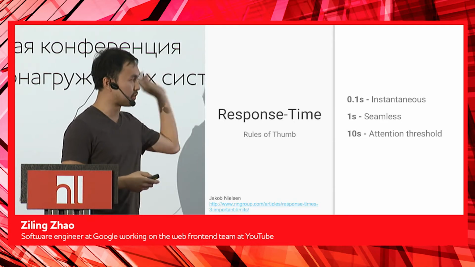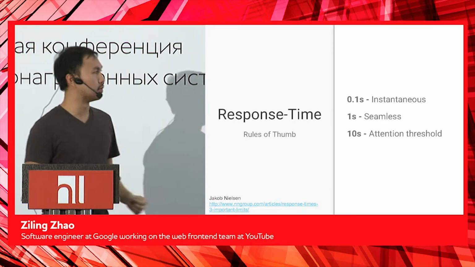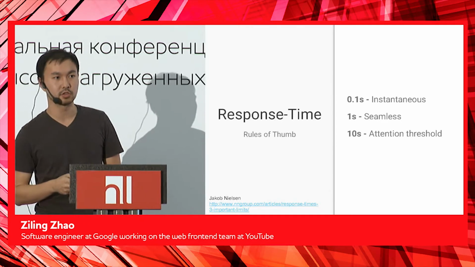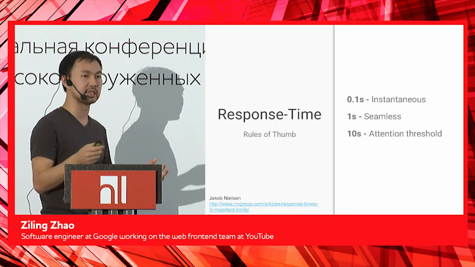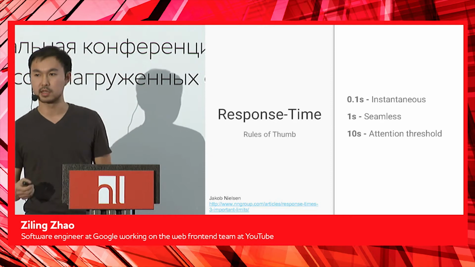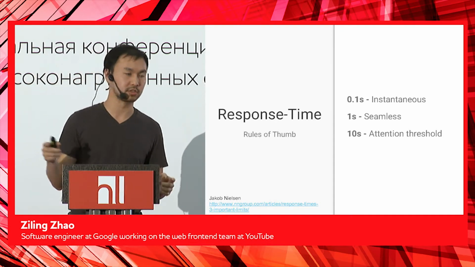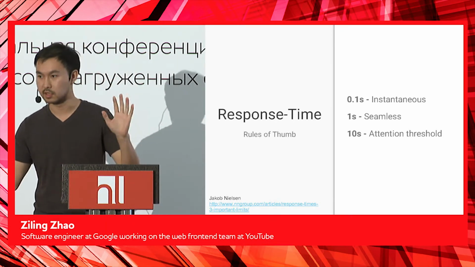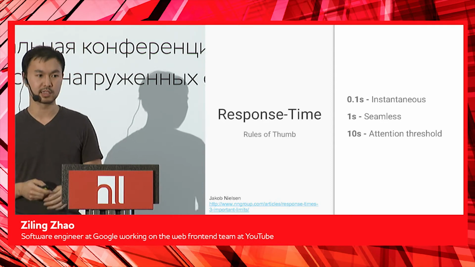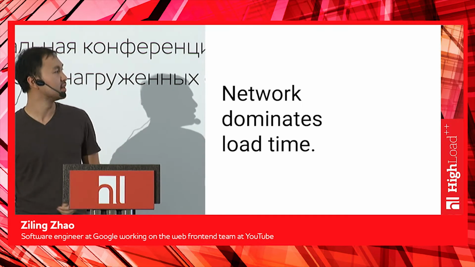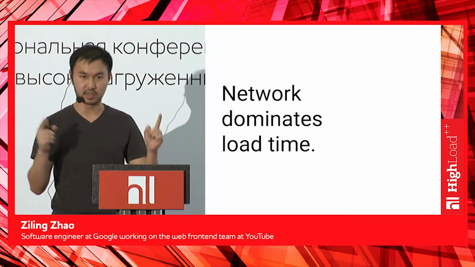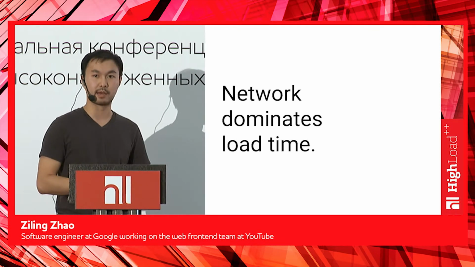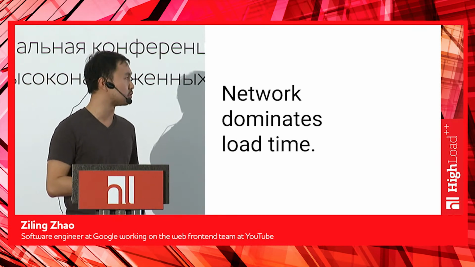These rules go back years before the web. Below 0.1 seconds, the user usually experiences something as instantaneous, 1 second and seamless. And as you approach 10 seconds, you start losing their attention. And at 10 seconds, they usually lose their attention. They don't know what they're doing. They leave your site. So key thing, network dominates your load time, especially on cold loads.